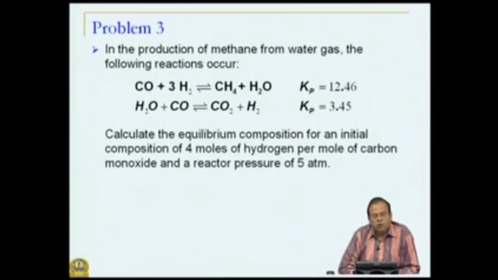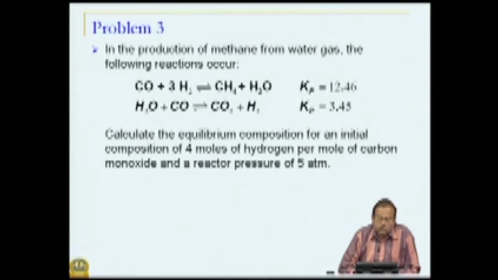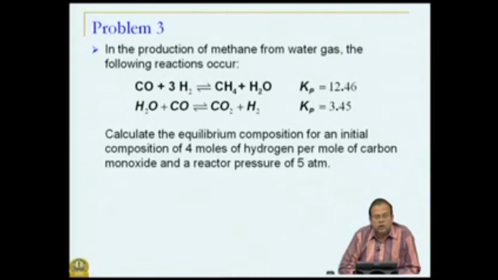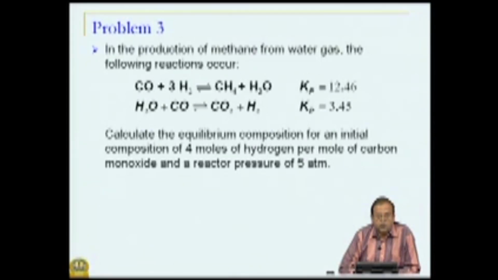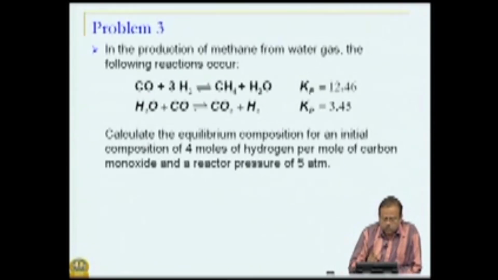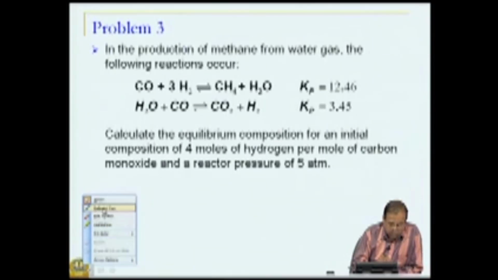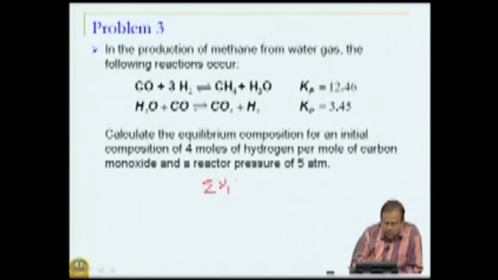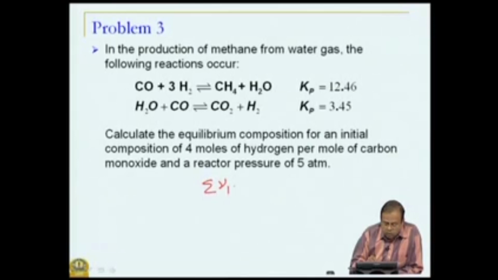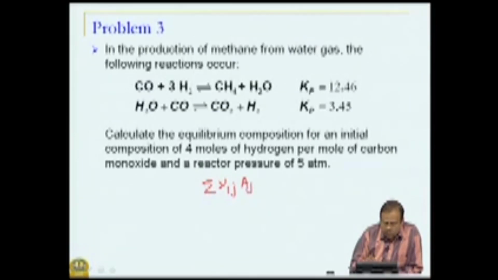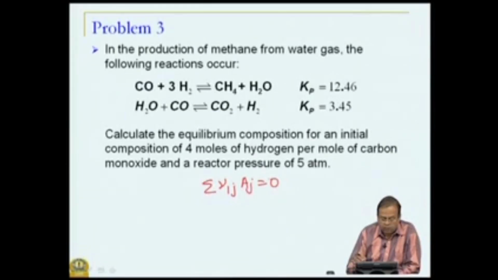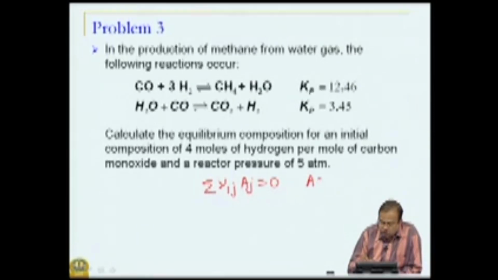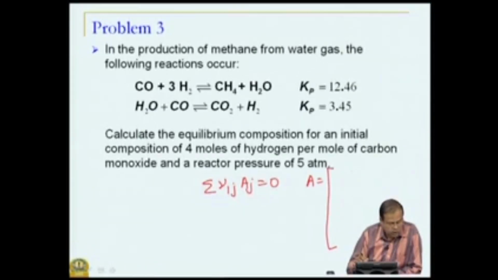So, here what is the knowledge base that we need to use? We need to use the condition for equilibrium. There are 2 reactions. So, if I write my species as A j's, my reaction is summation nu 1j Aj equal to 0, and what is my concentration vector? So, A1, A2, A3 and so on.